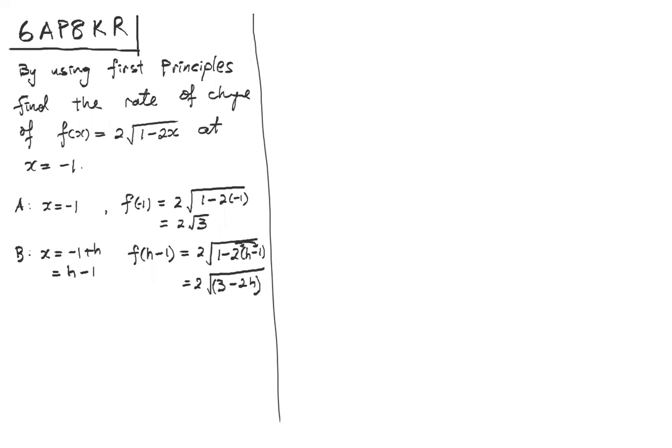Okay, so I write down slope of chord AB. So I always remind myself, when I find slope of chord of AB, in exam, I don't remind myself. Normal practice, I will remind myself that I'm finding average rate of change for f(x) from x equal to -1 to h minus 1.